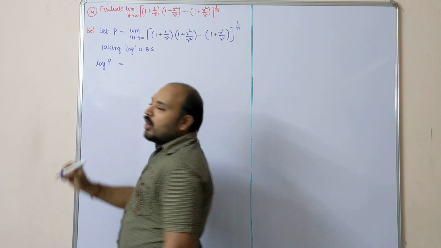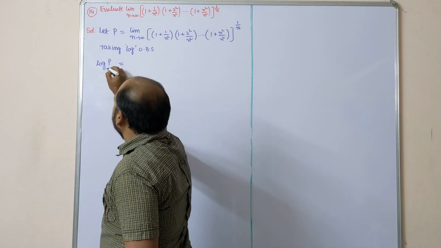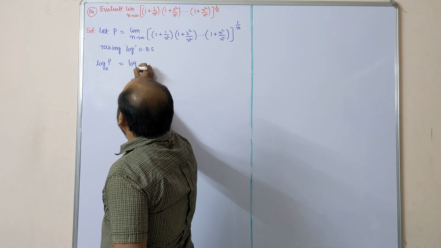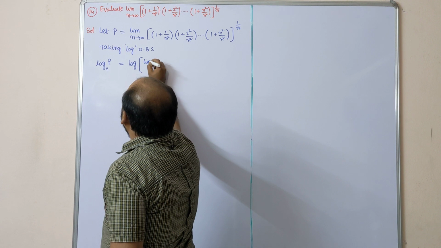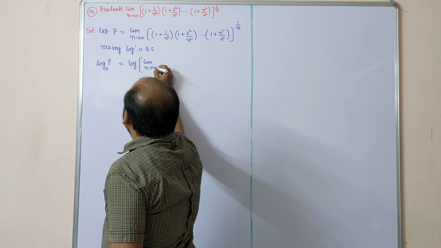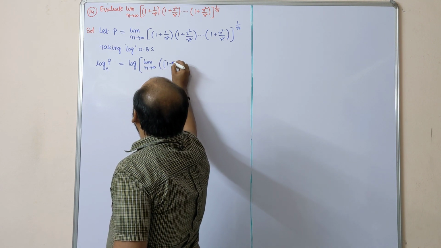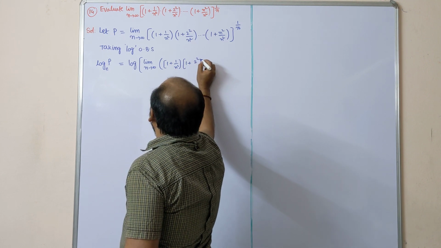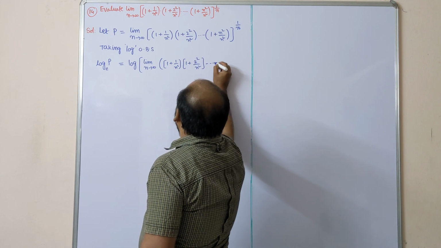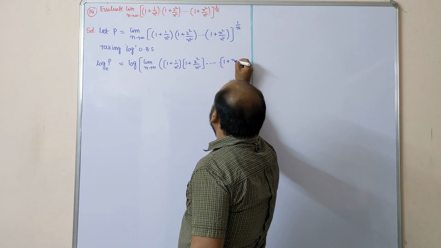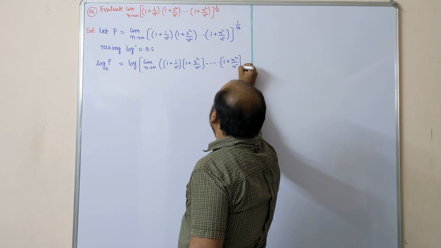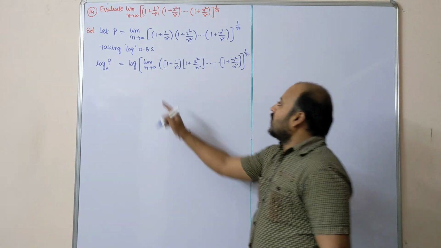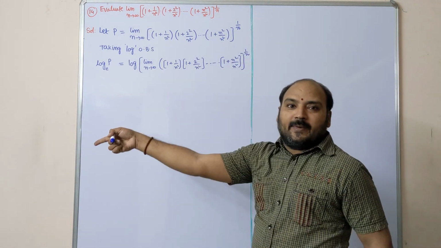that is equal to, log means log to the base e always. So log of this value: log limit n tends to infinity of (1 plus 1 by n square), (1 plus 2 square by n square), and so on (1 plus n square by n square). So log a power m is m into log a.